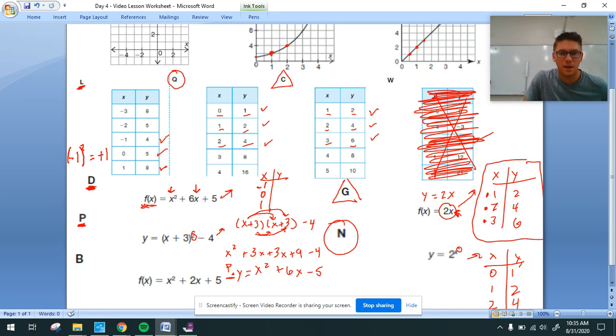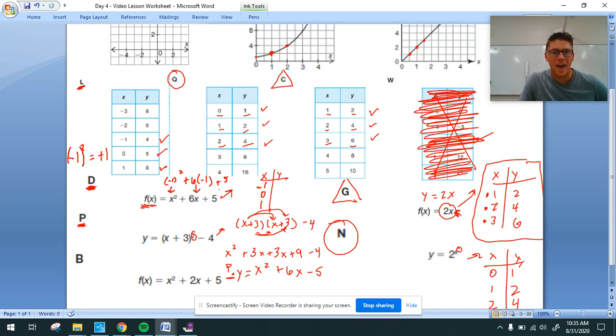So let's check. -1 squared is 1. So -1 plugged in right here: 6 times -1 plus 5. -1 squared is 1. And then 1 plus -6, or 1 minus 6, we're at -5.